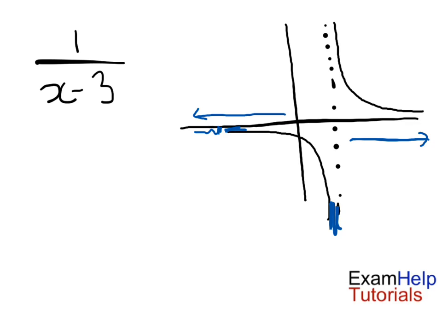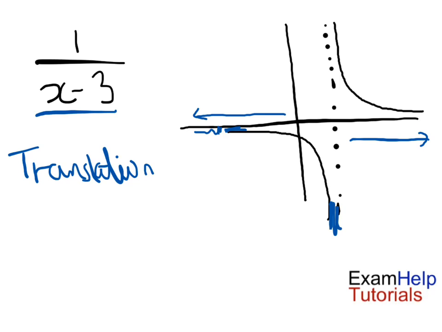But because it's x minus 3, from the graph of 1 over x it's going to give a translation of 3, 0. So it's going to move, and this line here is x equals 3. So therefore, it never actually touches this 3 bit here.